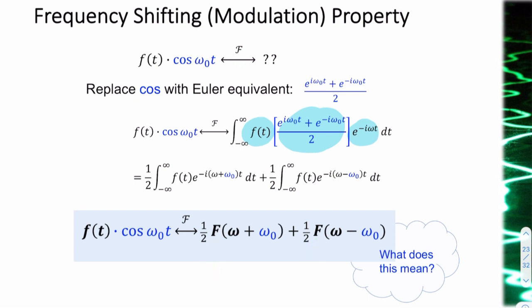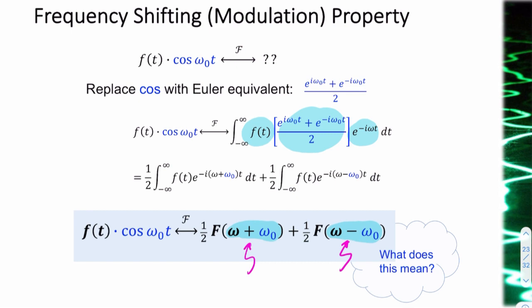Okay, so again with a change of variable, what it gives you is two versions of the same spectrum, each shifted by omega naught radians per second to the left and to the right.